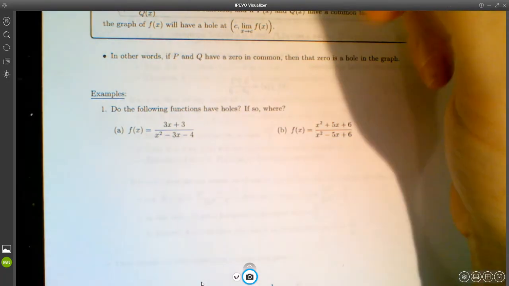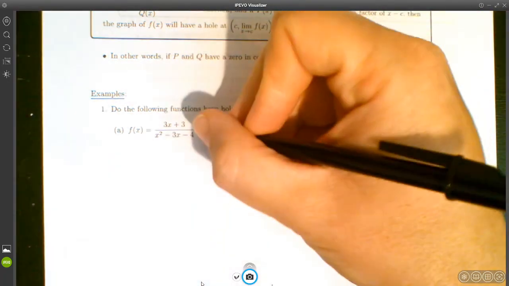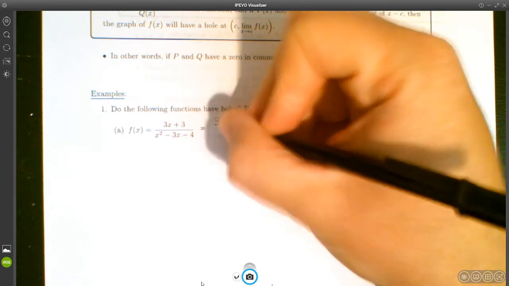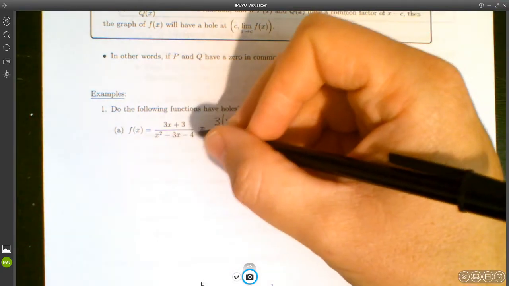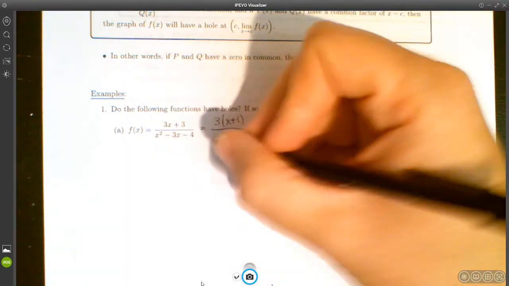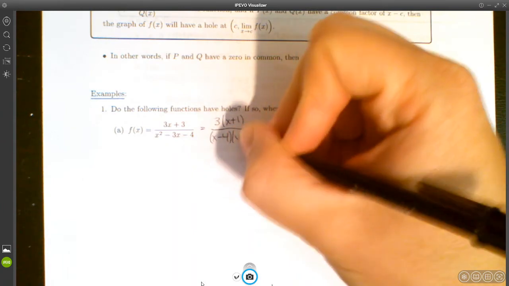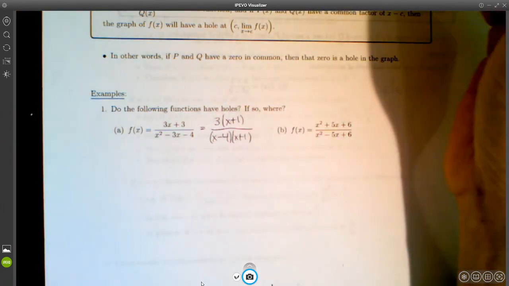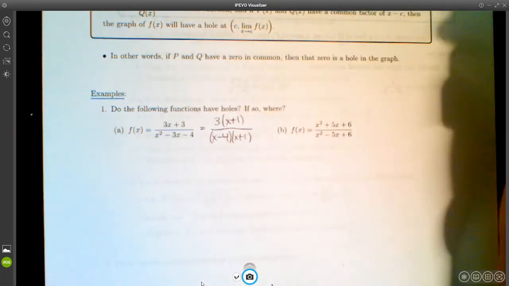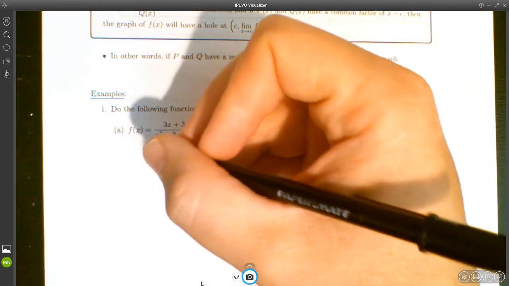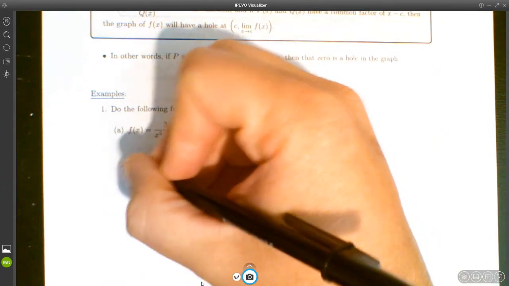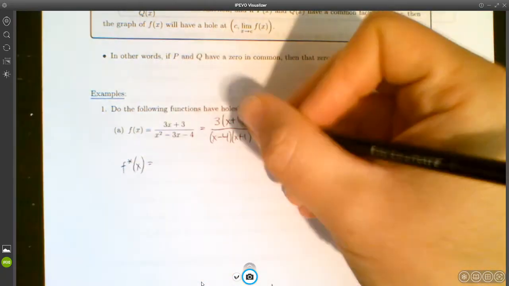In order to figure out if the function has a hole, we should start off by factoring the function if possible. From the numerator here, I can factor out a 3. For the denominator, I think I can do x minus 4 times x plus 1. So sure enough, I've got a hole when x equals negative 1. Now what's the y value? Maybe I'll define a new function f star of x, the reduced version of f of x.